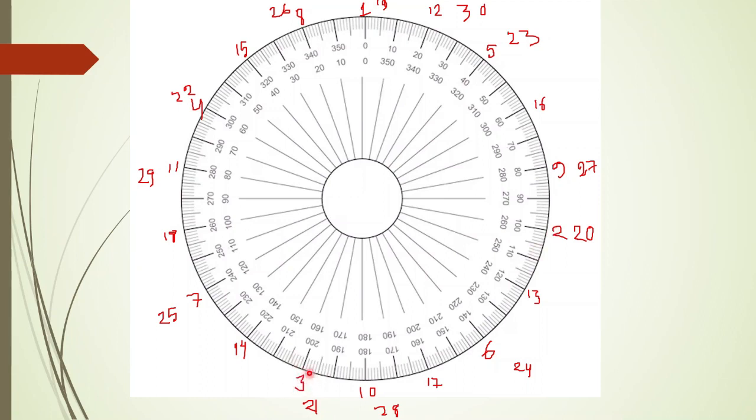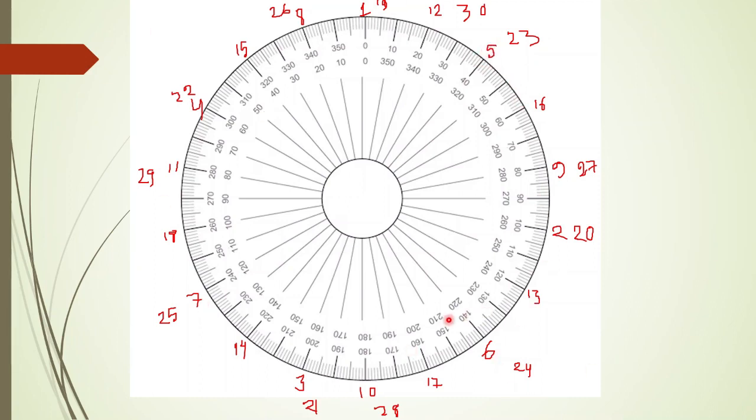Again 100 degrees, so that will be 300. You have your residue number 4. Again you have your next one, that is 400. So here you can place your residue number 5, and again at angle 500, and so on.